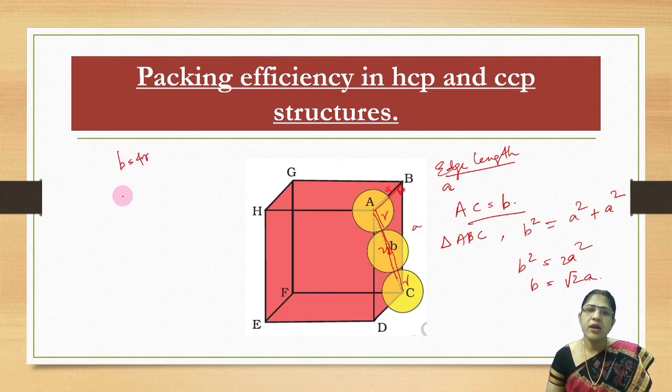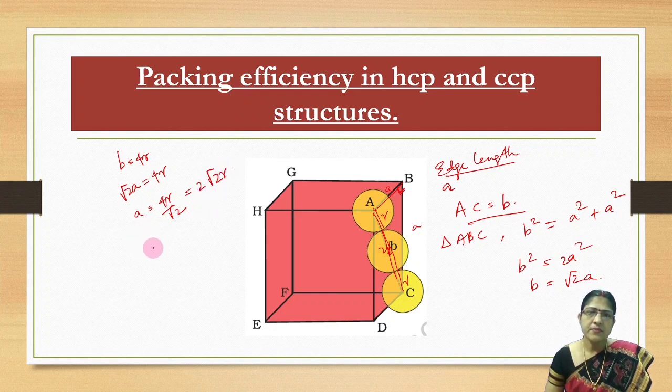And B, how much we got? Root 2A. So root 2A is equal to 4R. So A is equal to how much? 4R by root 2, or you can say 2 root 2R.